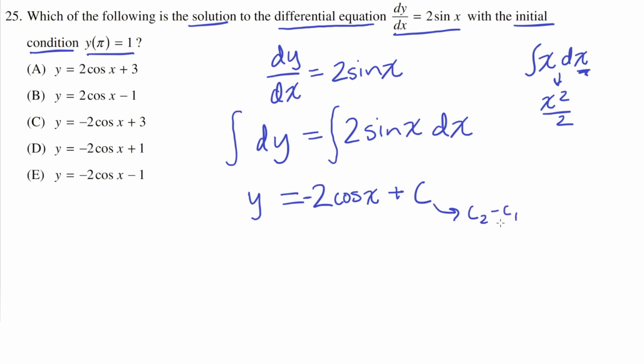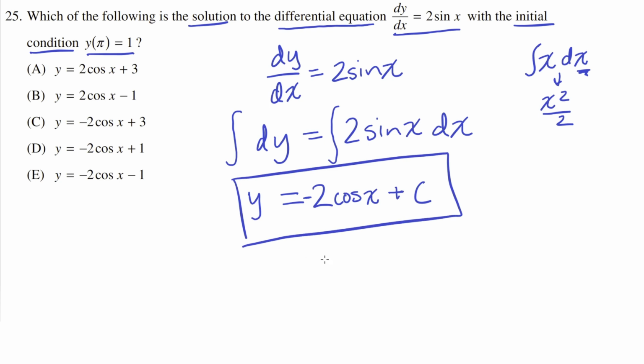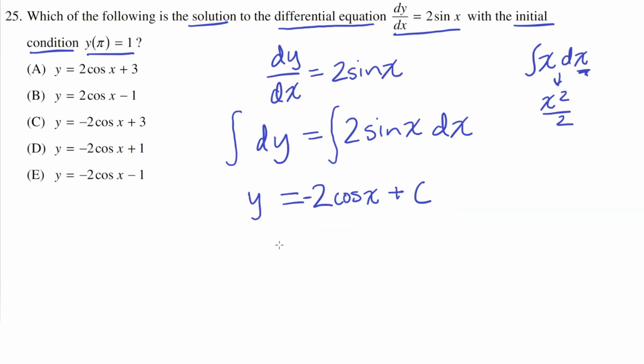It's just the sum or the difference of the c values. So this one c term encompasses both of the c terms we get from the integral. And since the c terms are just constants, we can combine them into one. Okay, so this is our final form of the differential equation, meaning we've solved for y.